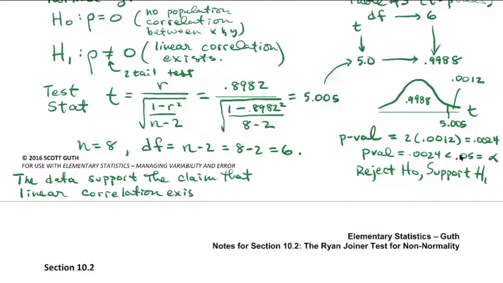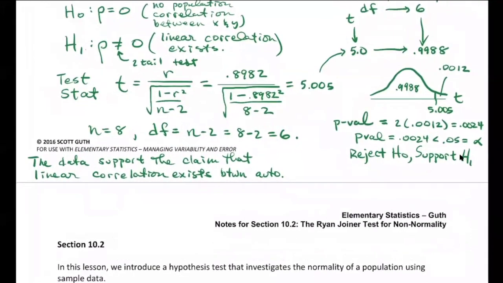And I'm going to get real cryptic here. I'm going to say between auto weapons. See, I don't have room. What in the world am I supposed to do? Between auto weapons and murder rate.